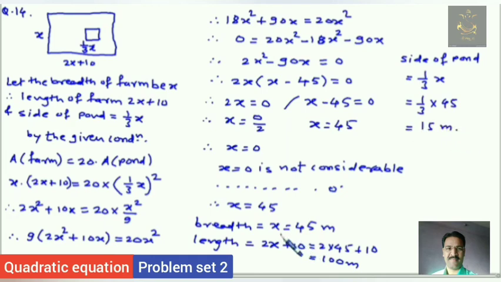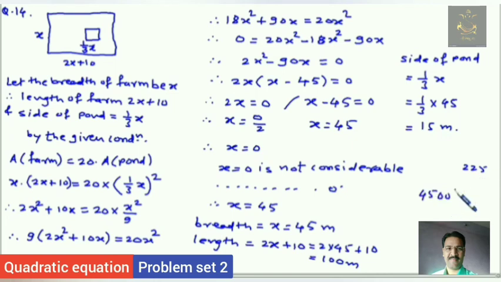Like this we can solve. So you can verify also. Look here about area. Now what is area of this pond here? This is nothing but 15 square. 15 square is 225. Now what about the area of farm? 45 into 100, obviously it is 4,500.